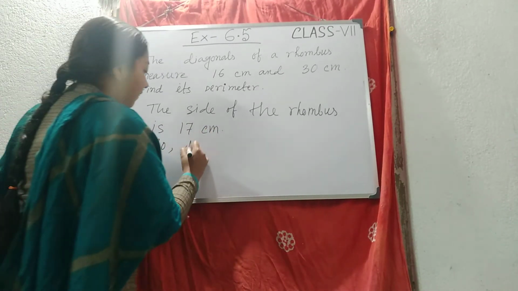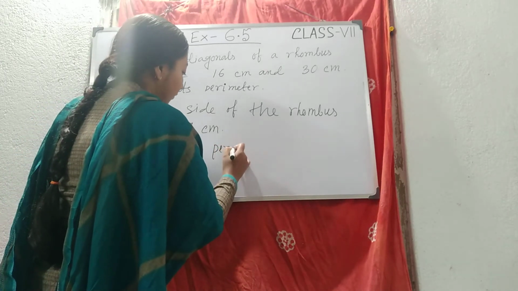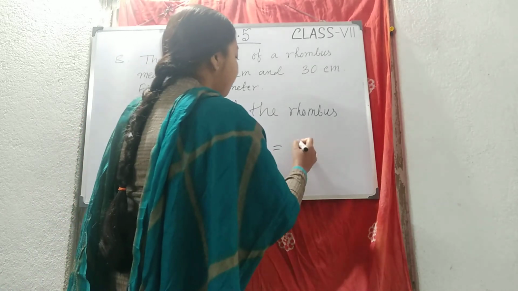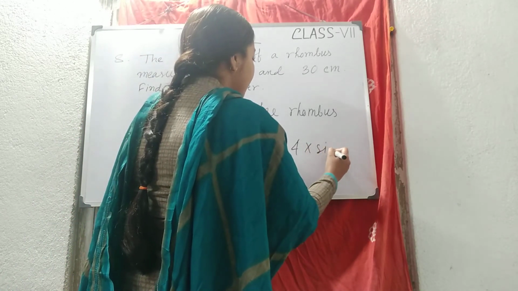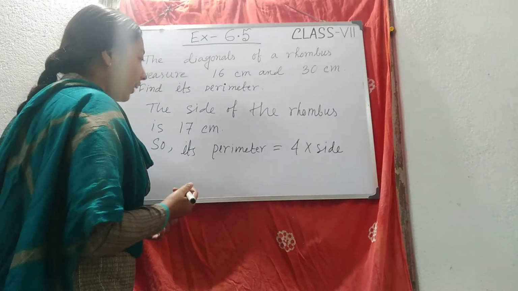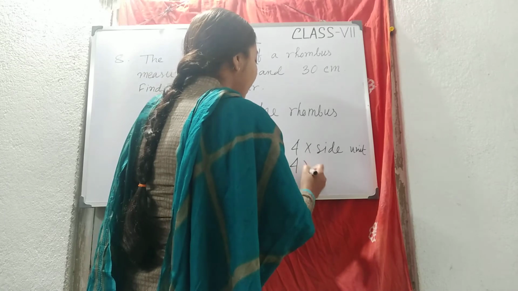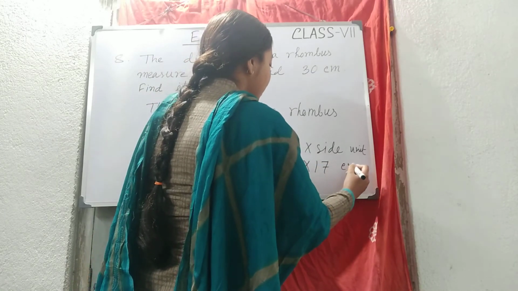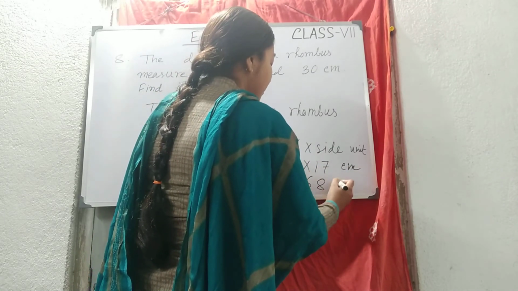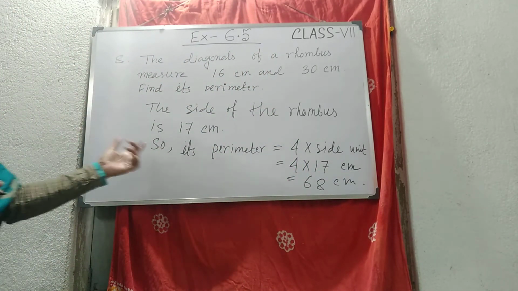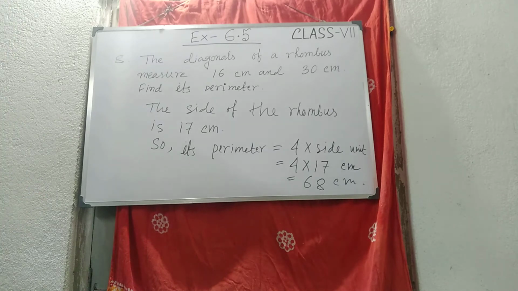So its perimeter will be equal to 4 into side, same as square. So 4 into 17 centimeter, so 68 centimeter we are getting. So the answer will be: the perimeter of the rhombus is 68 centimeter.